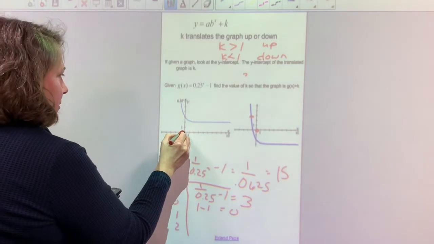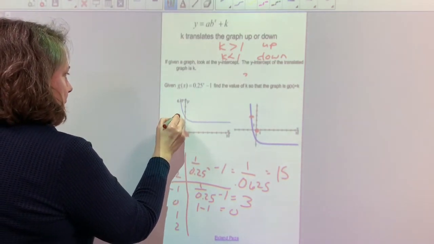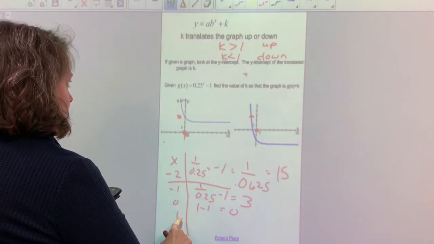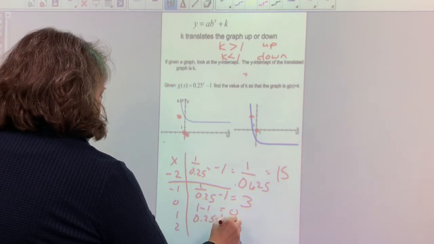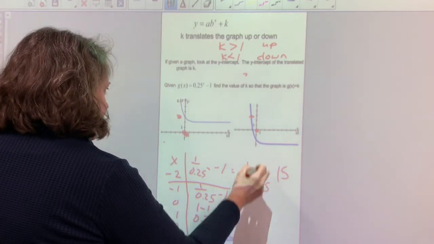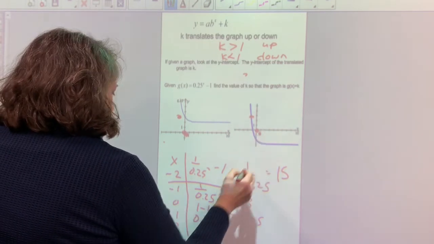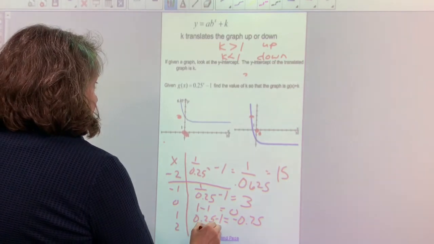Oh, I guess I could be doing it here too. It's the same graph, so we're comparing it to this one. 1, 2, 3. Alright, if x is 1, 0.25 minus 1, which is negative 0.75. We're still there. 0.25 squared minus 1.